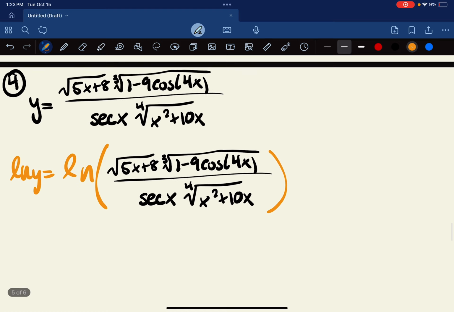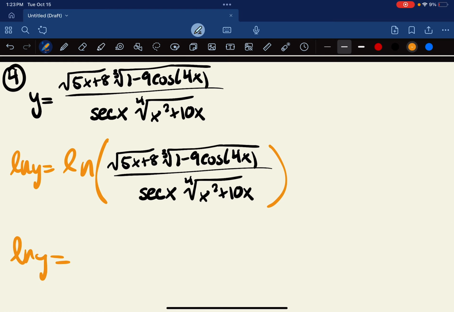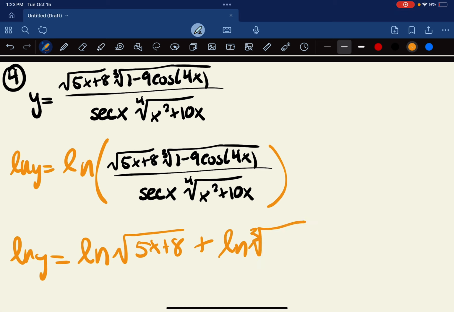So then, when we go to break this apart, it starts off kind of easy. ln of square root of 5x plus 8, and that's going to be plus ln of the cube root of 1 minus 9 times cosine of 4x.